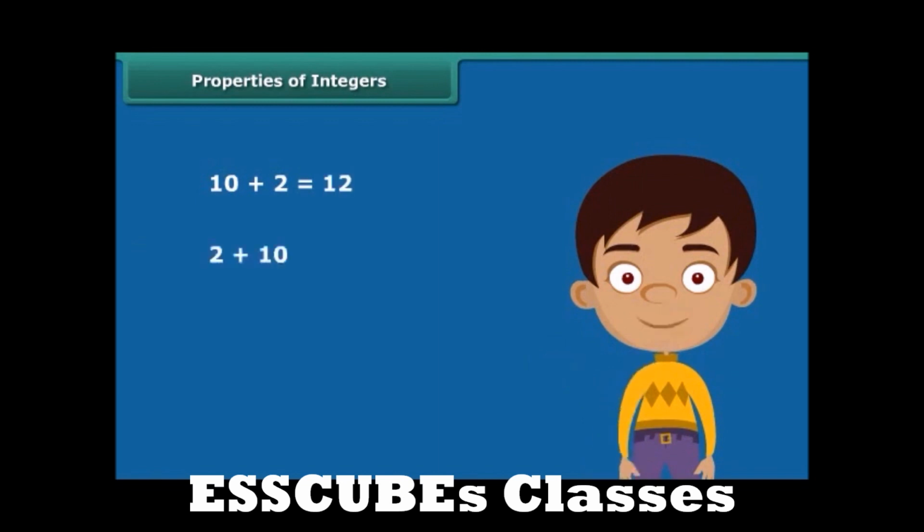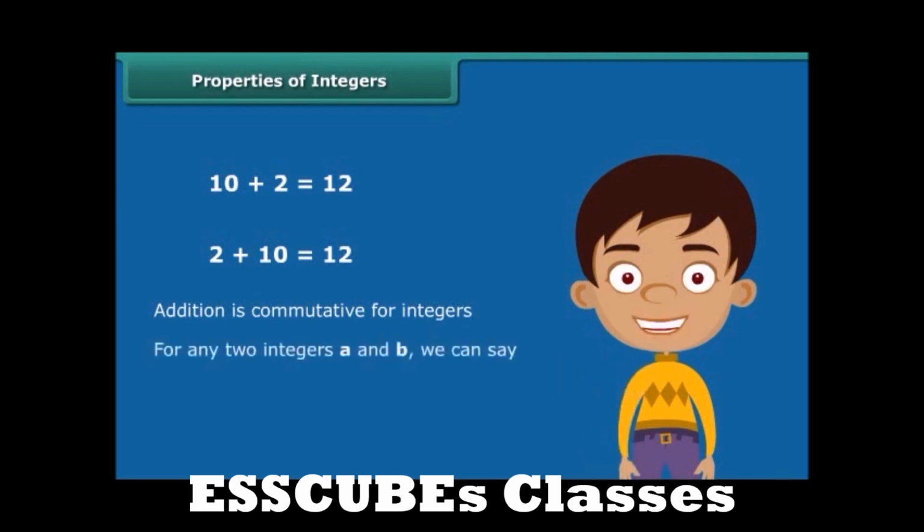And 2 plus 10 equals 12. In both the cases, we get the same answer. This means the integers can be added in any manner. Hence, addition is commutative for integers. In general, for any two integers a and b, we can say a plus b is equal to b plus a.